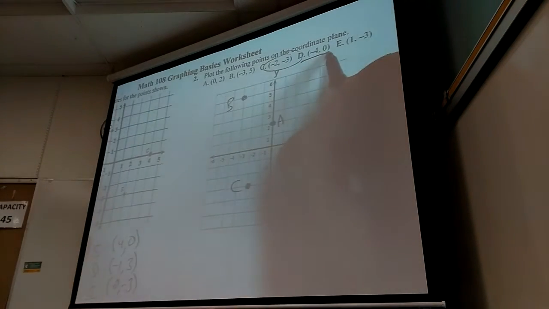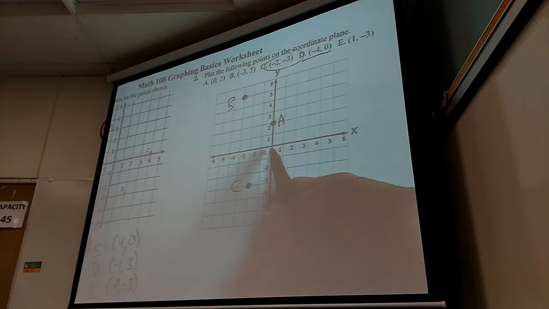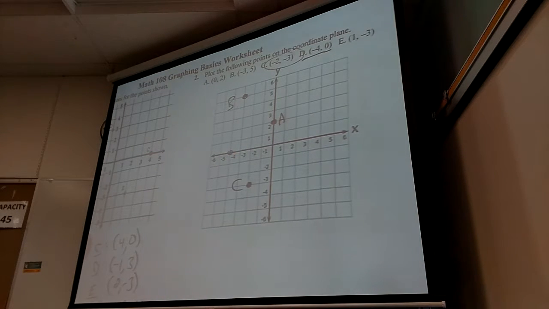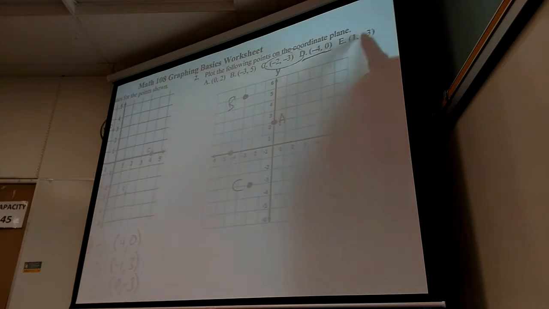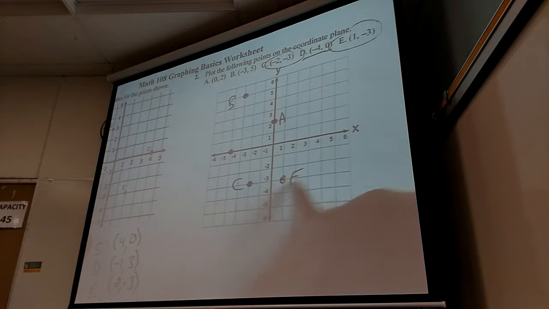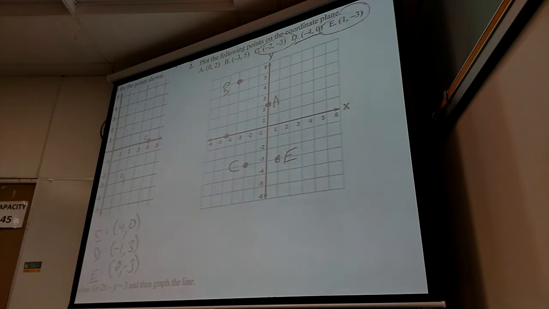What about D? Back 4. And then down, none at all. Cool. And then what about E? Up, right 1. You forgot to label it. Down 3. All right, so that would be E. Don't connect those points with any lines because they're not on a line. They're separate points.